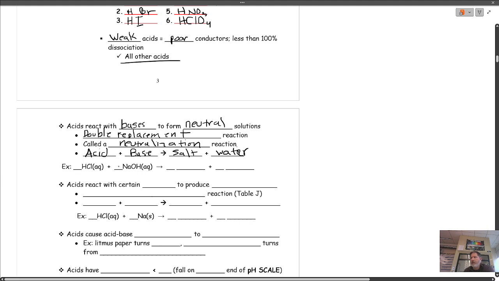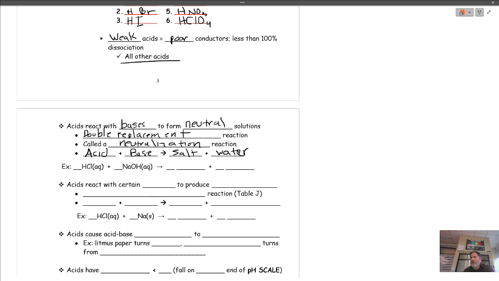For example, we'll get hydrochloric acid and sodium hydroxide. What will happen is the hydrogen from the hydrochloric acid will combine with the OH group, and the Cl and the Na will combine, the chlorine and the Na, to form NaCl. Oh, it's supposed to be NaCl.